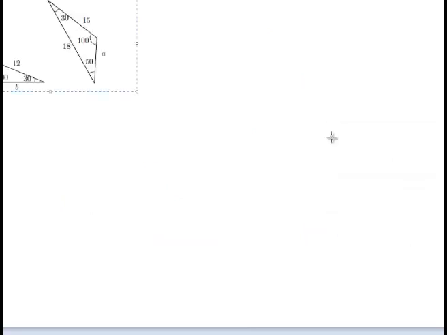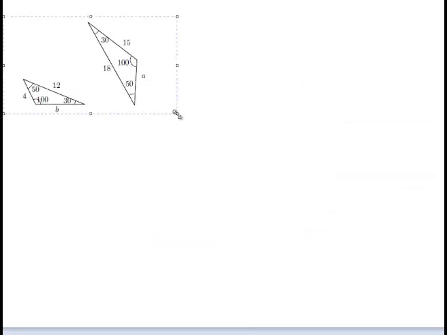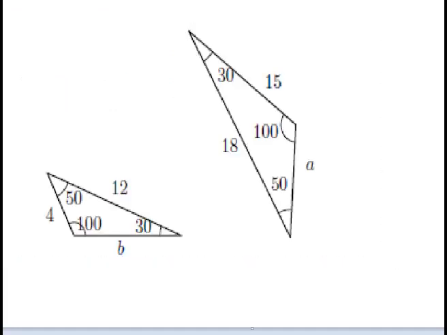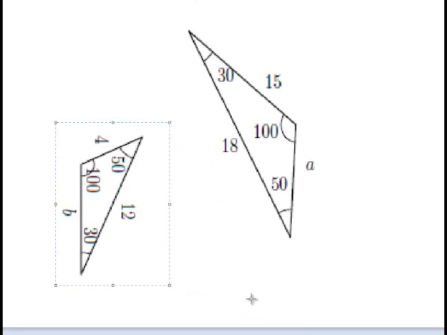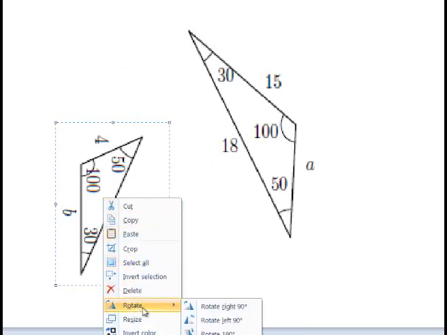It may help, by the way, and let me get rid of this and put the original triangles back up over here. It may help to visualize the shape turned so that it's more comparable. For example, if we rotate this, let's say 90 left. No, okay, that other way. Let's rotate it back.